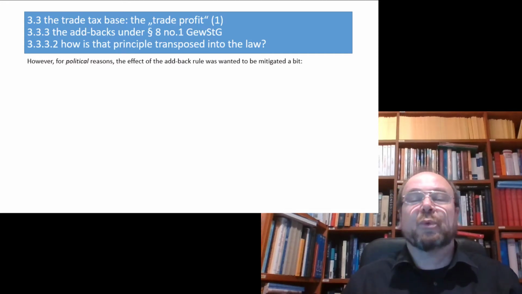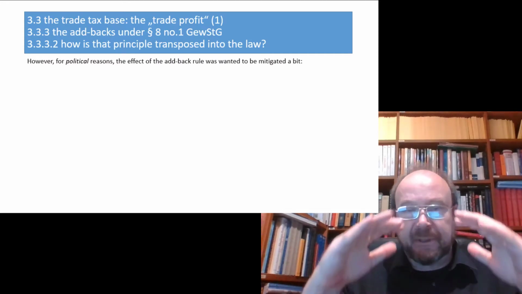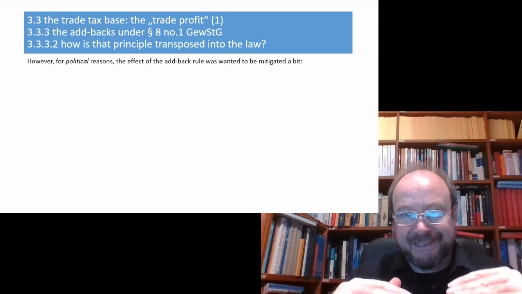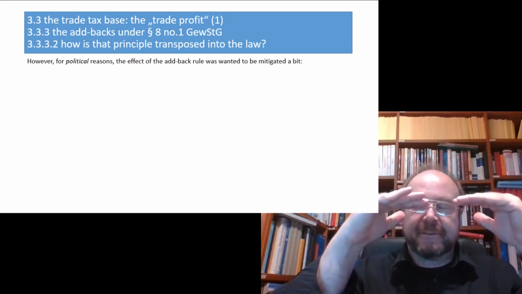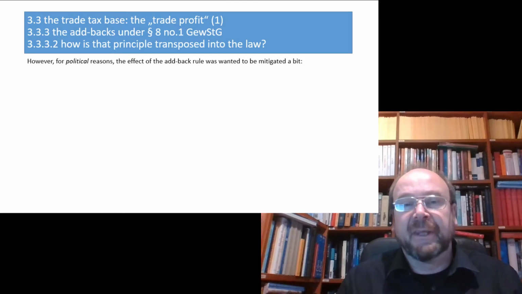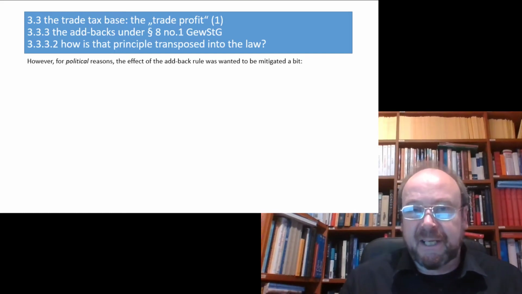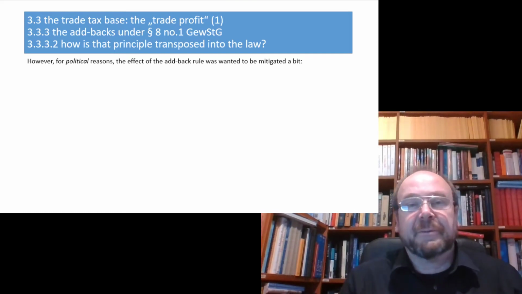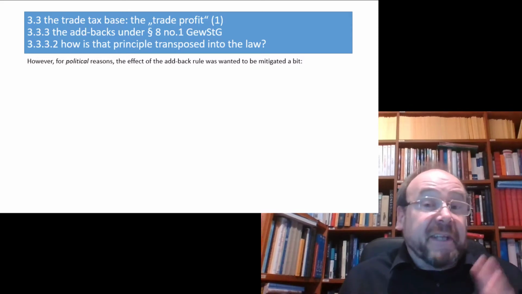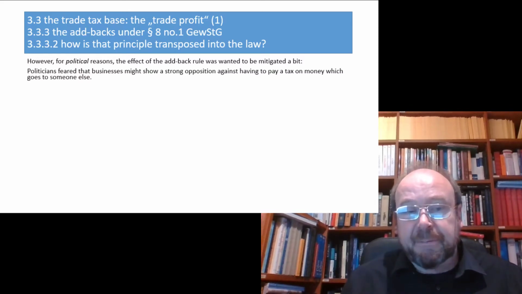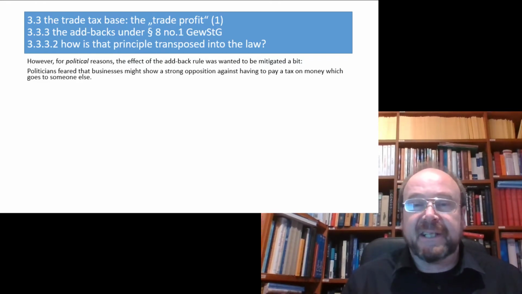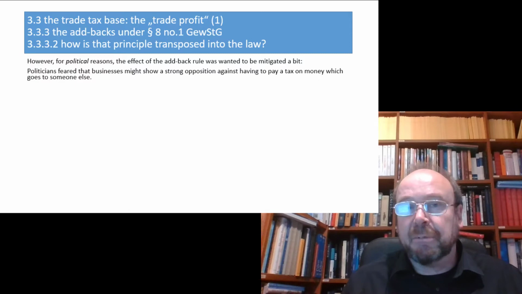However, once people decided to put up that list, everything on that list has to be added back to the profit, so has to be taxed with trade tax. Then politicians began to mingle with the stuff and to mitigate the effects a bit, because they said, well, business owners could probably show a strong opposition against us if we put up a tax where we tax money which the owner doesn't keep.